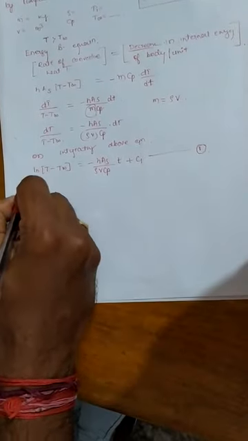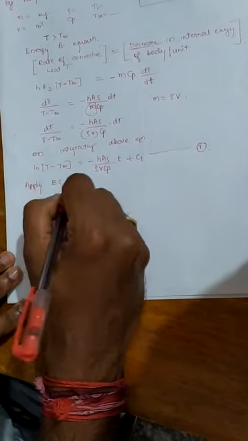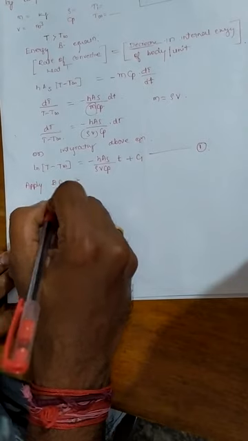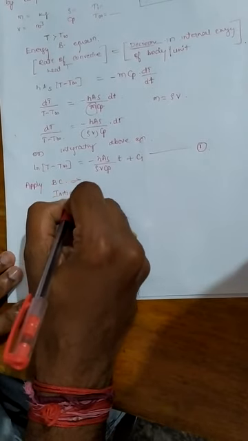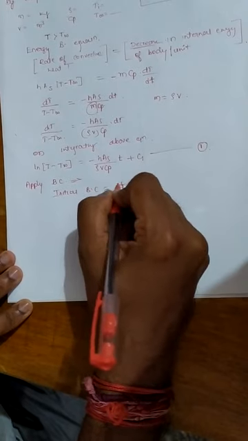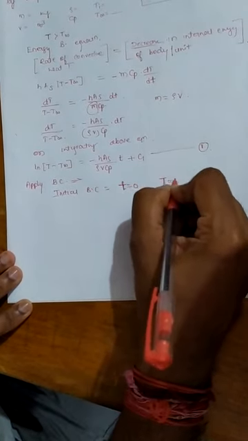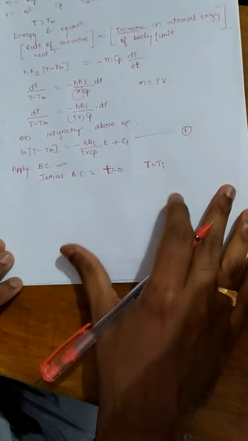Now apply the initial boundary condition: at time t equal to 0, capital T is equal to Ti.